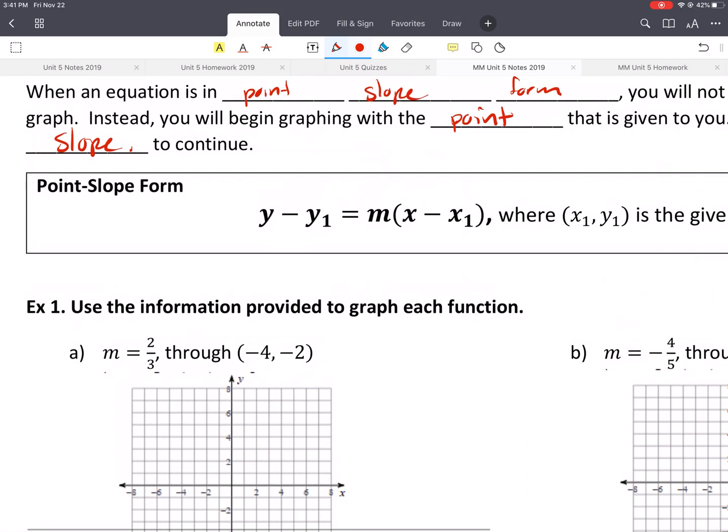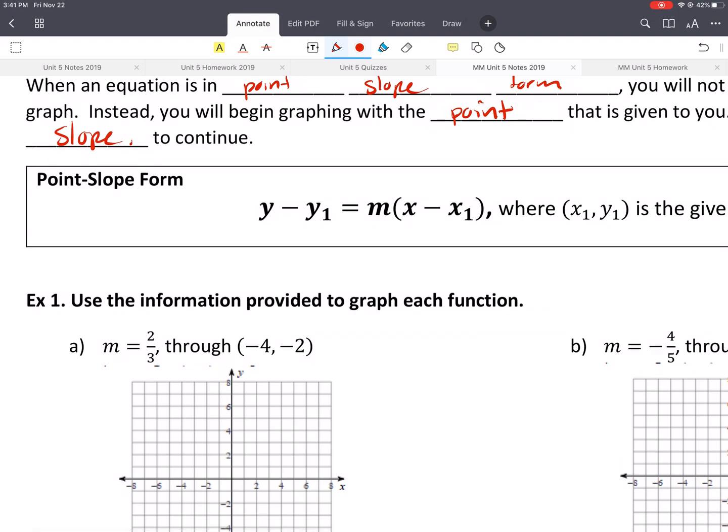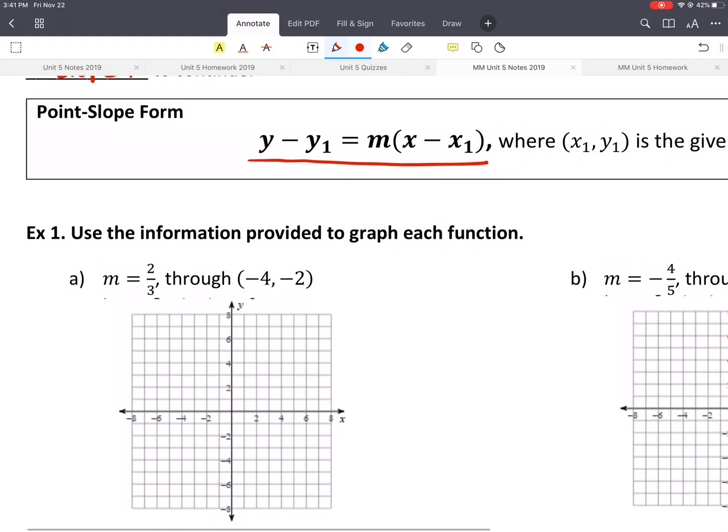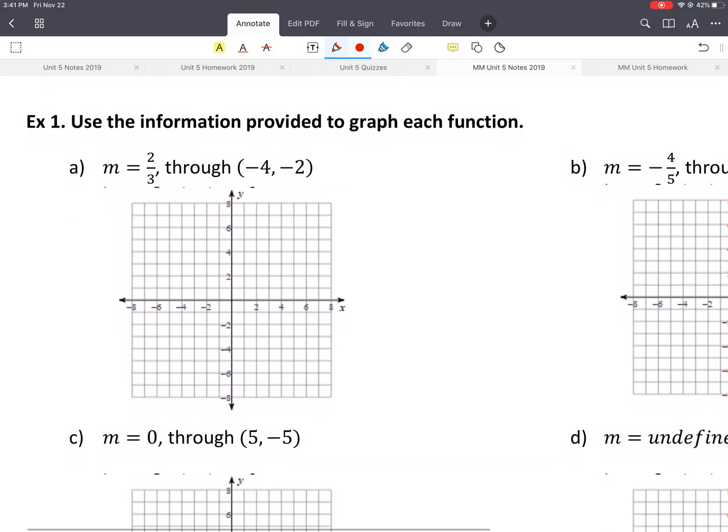All right, so here's just a review of the equation, and we'll probably want to refer to that often. We're going to start by me giving you the slope and a point. This point is your x and y, so you'd plot it: -4 in the x direction and then down 2.